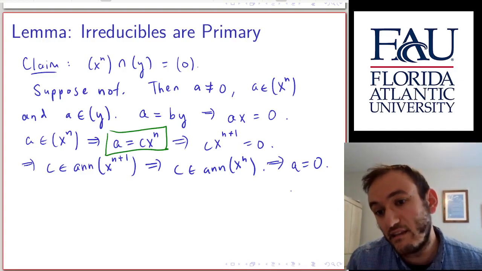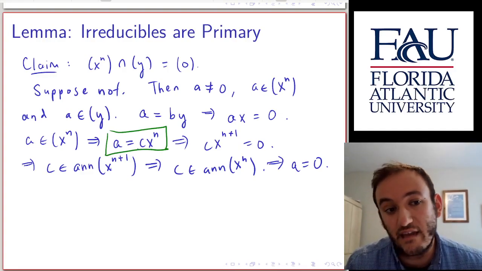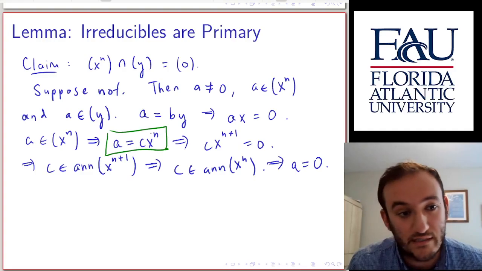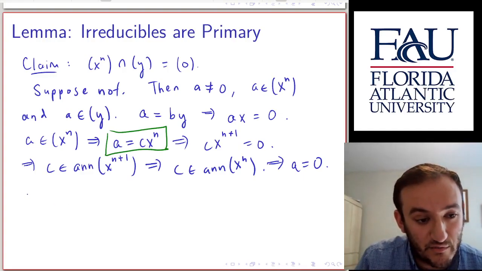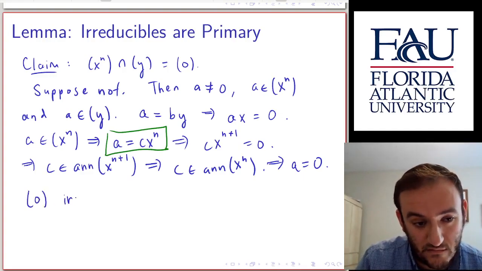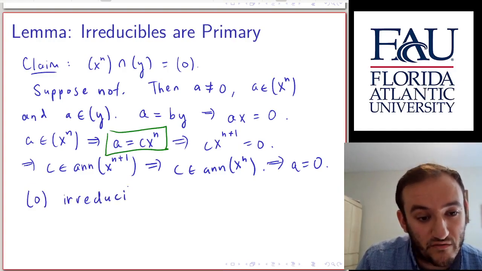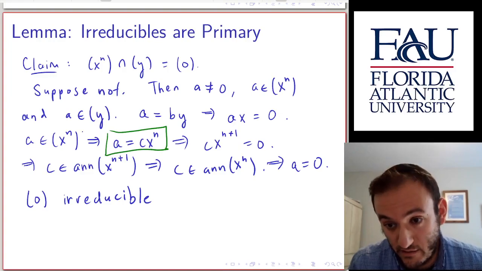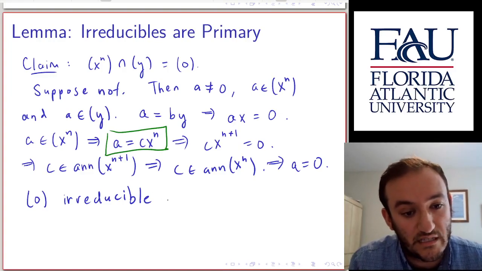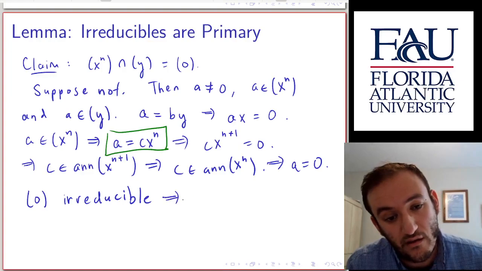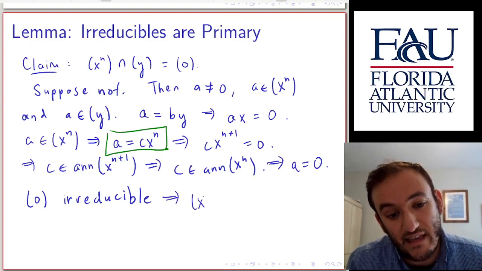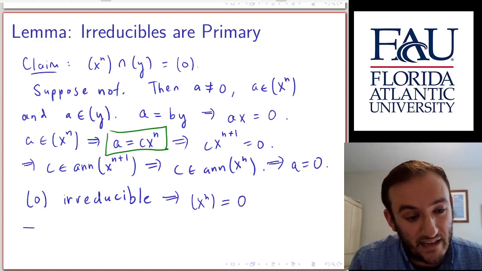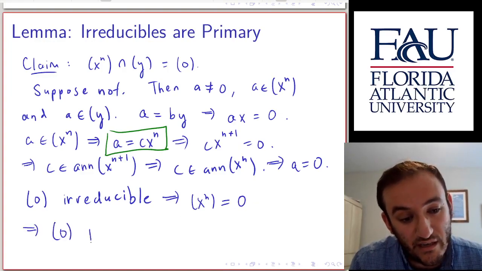So that tells us that this intersection of x to the n and y is equal to 0. But if 0 is irreducible, then we know that one of the components of that intersection must be equal to 0 itself. And since we know y is not equal to 0, that means that x to the n must be equal to 0. So that allows us to conclude that 0 is primary.